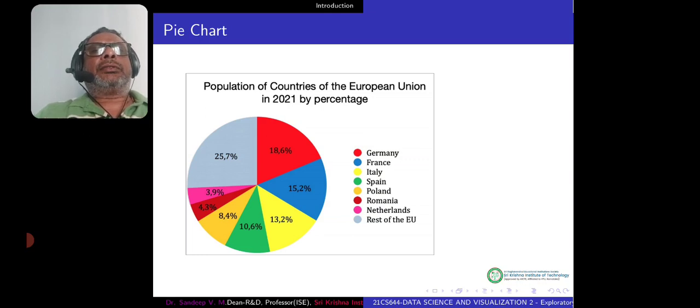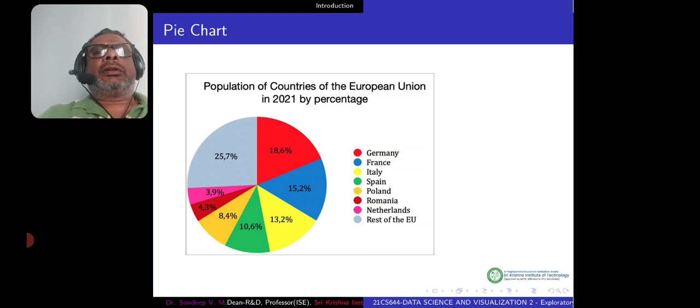So it's the red one says 18.6%. That means red, if you look at the right side red, it is talking about Germany. So Germany is 18.6%, and then France is 15.2%, Italy is 13.2%.